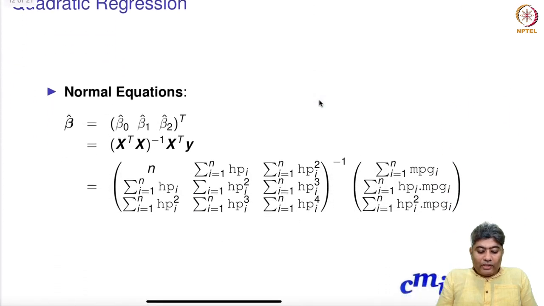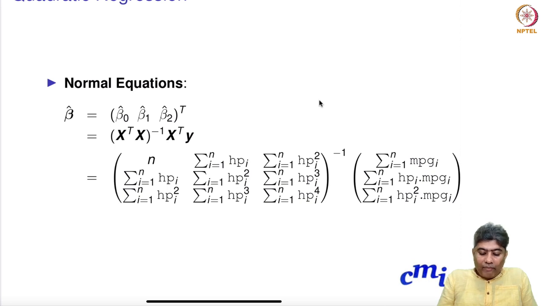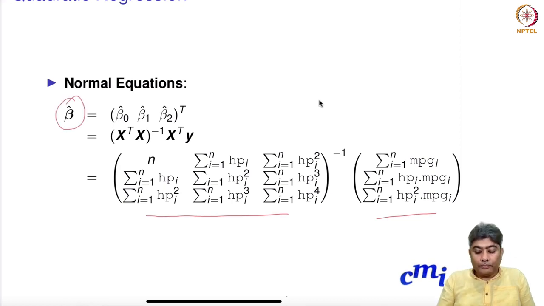So how can we solve this quadratic regression? The same way: X transpose X inverse, X transpose y. This is your X transpose X, you take its inverse, and this is your X transpose y. Multiply these two matrices and you get your beta hat.